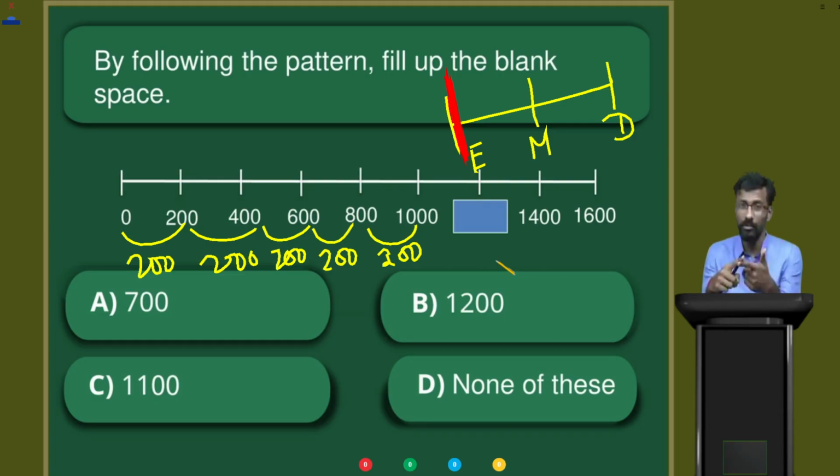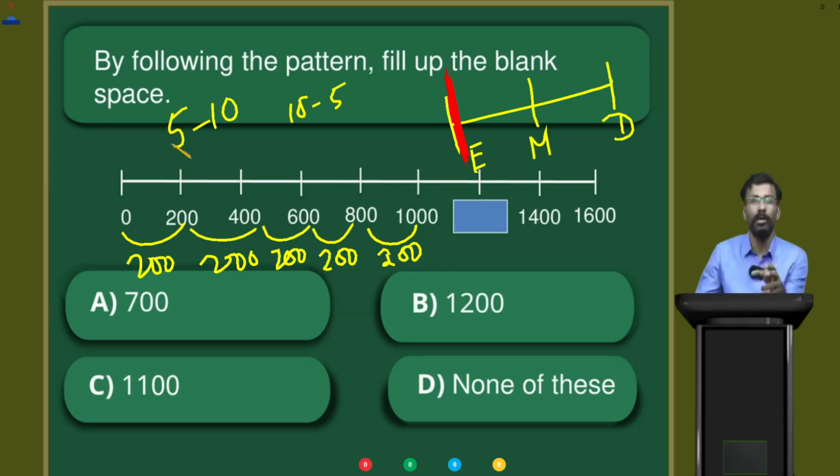Whenever minuend and subtrahend alternate with each other, this is called our subtraction value. Like what? 5 minus 10. So minuend is 5, subtrahend is 10. 10 minus 5: now subtrahend is 5, but minuend is 10.